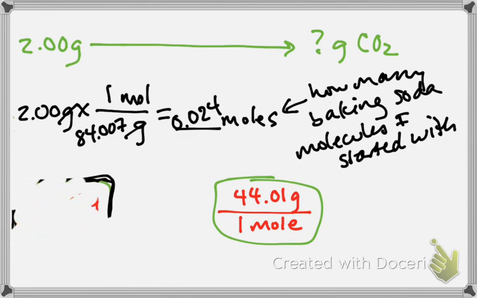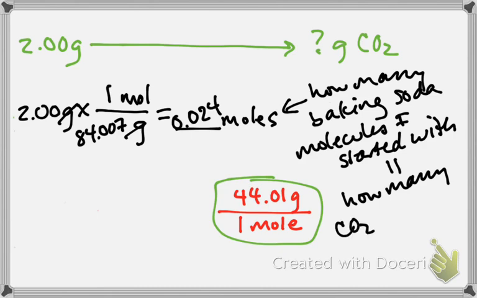So I'm going to clear us a little space here. That's how many baking soda molecules I started with, and since we looked at our reaction and said it's a 1-to-1 ratio, every baking soda molecule should generate 1 carbon dioxide molecule. That means it's going to equal how many CO2 molecules I get at the end.